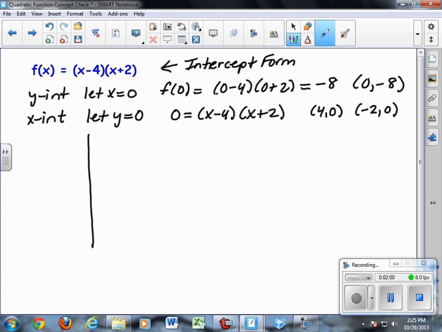I have the point (4, 0), (-2, 0), and counting 1, 2, 3, 4, 5, 6, 7, 8, (0, -8). Now if you look at this, you might think, I want to know what's happening to the graph. It's going to go down.